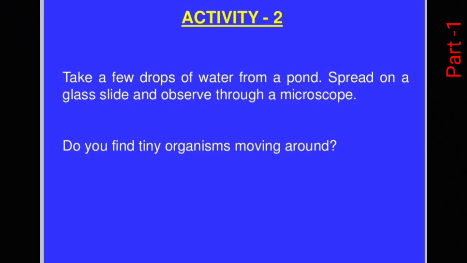This microscope is used to magnify the image, and it is able to show the images of microorganisms which you can't see by your naked eye. So these are some of your observations. Those tiny things which you observe through the microscope are known as microorganisms.